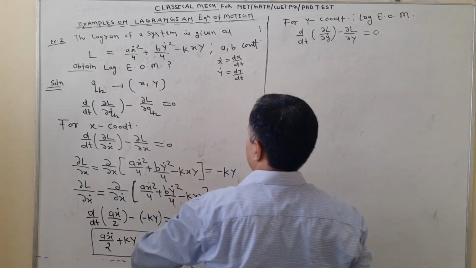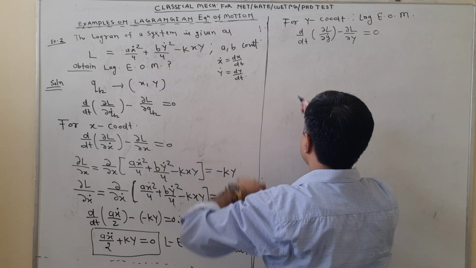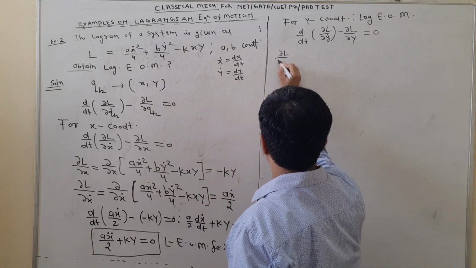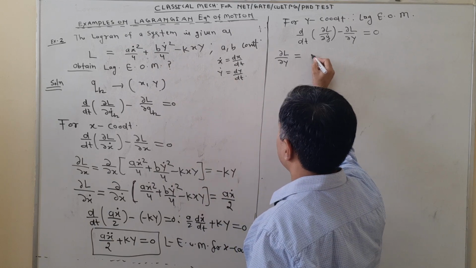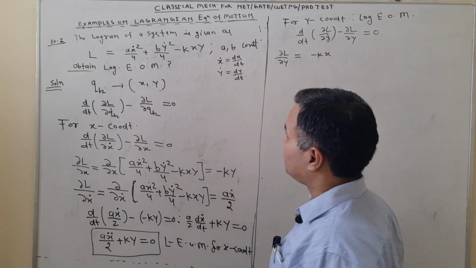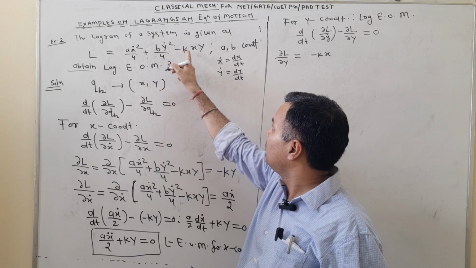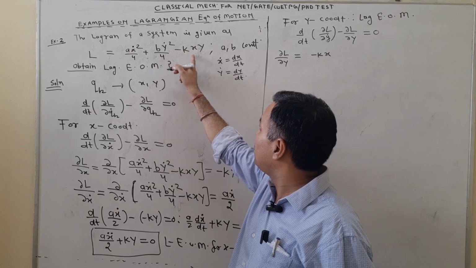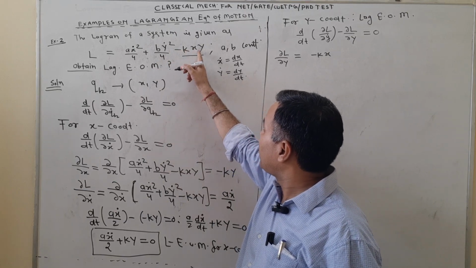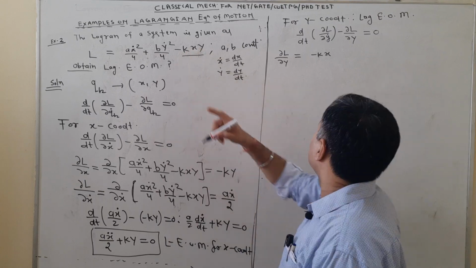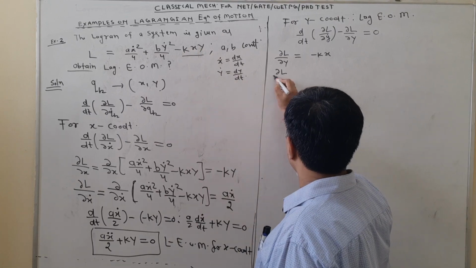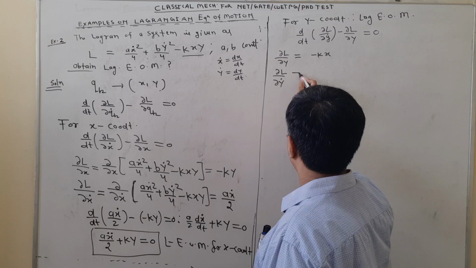Now we are in the y coordinate. Differentiating partially with respect to y, del L by del y is simply minus k x, because there is only one term with y, and y becomes 1. We have minus kx.